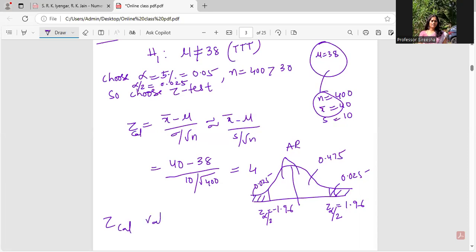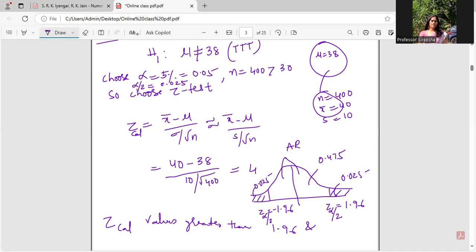Z cal values greater than 1.96 and less than minus 1.96 fall in rejection region.